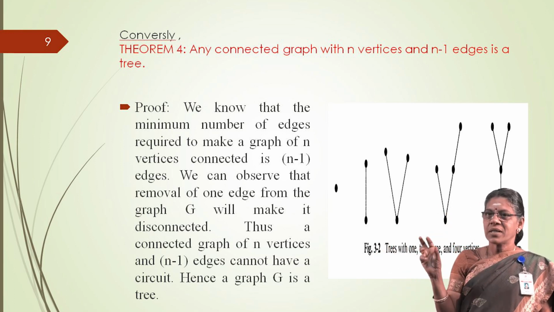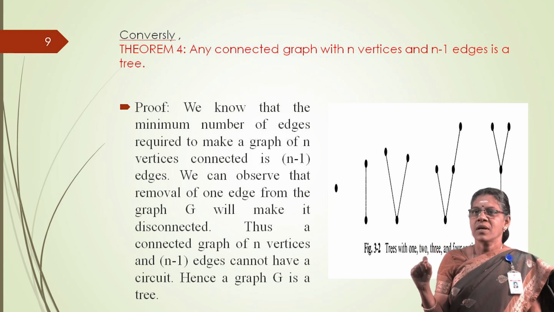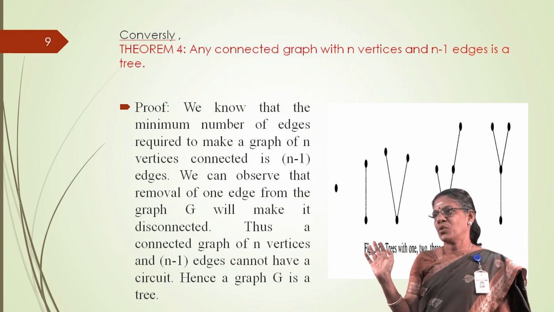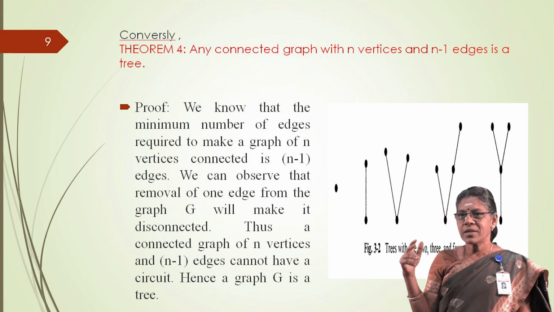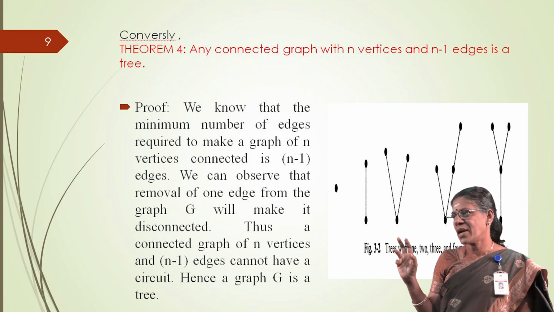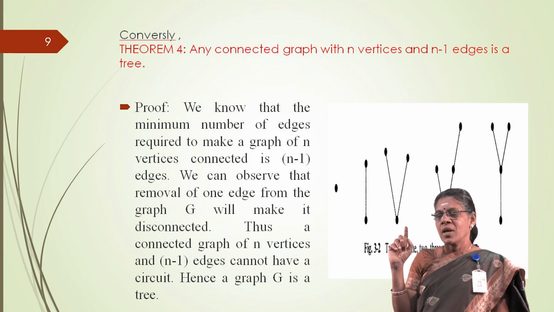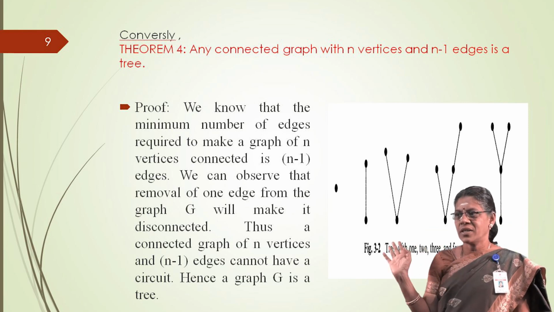Thus a connected graph of n vertices and n minus 1 edges cannot have a circuit. A connected graph with no circuit is a tree. Hence G is a tree. So any connected graph with n vertices and n minus 1 edges is a tree.